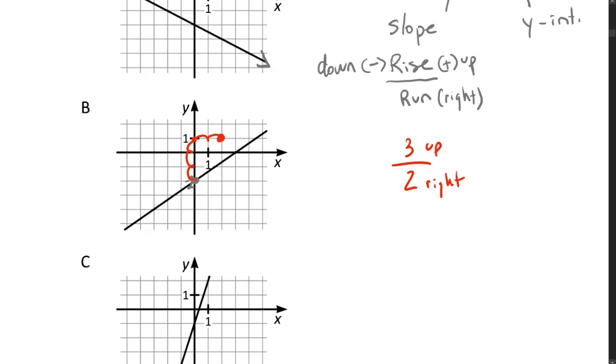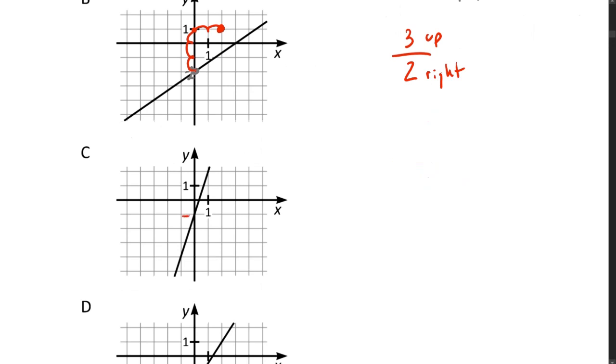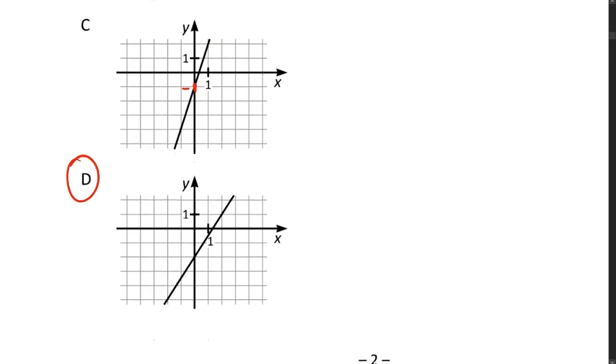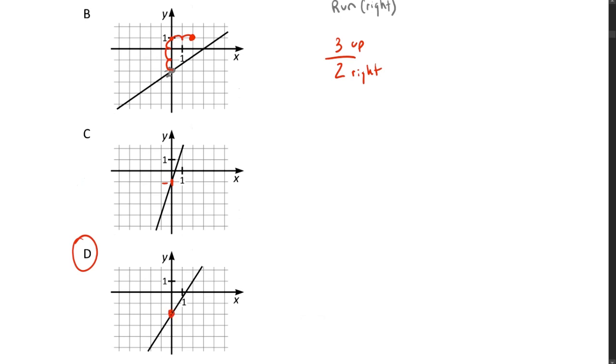So the line doesn't go through there, so it can't be B. This one doesn't go through -2, it goes through -1, so it can't be C. Therefore, our answer is D. It goes through the point -2 at the y-axis, and if you go up 3, 1, 2, 3 steps, and right 2, that's our next point on the line.